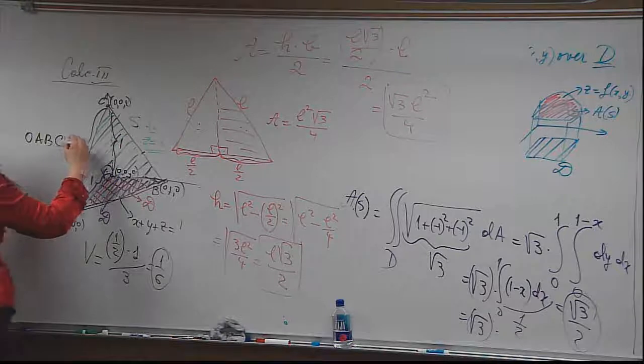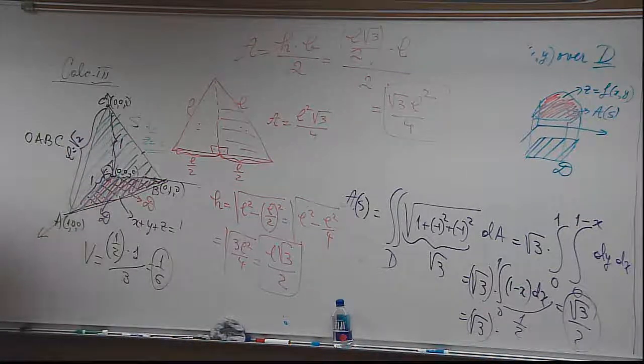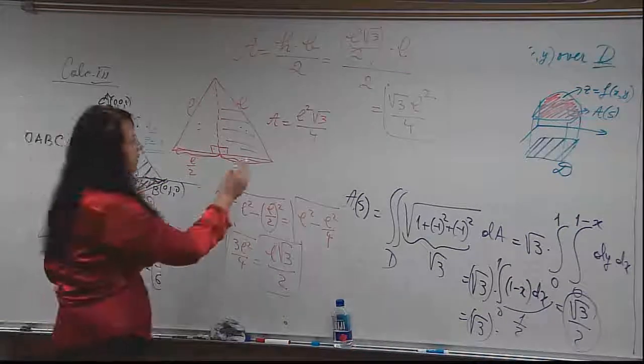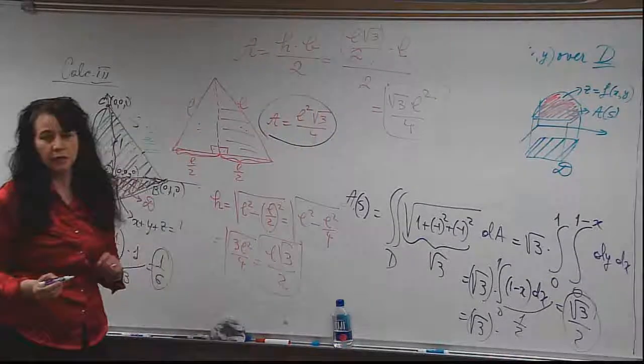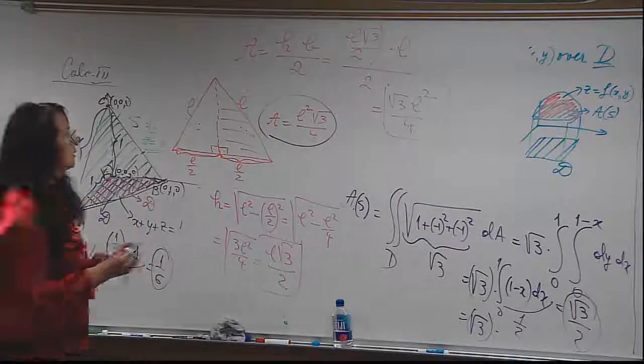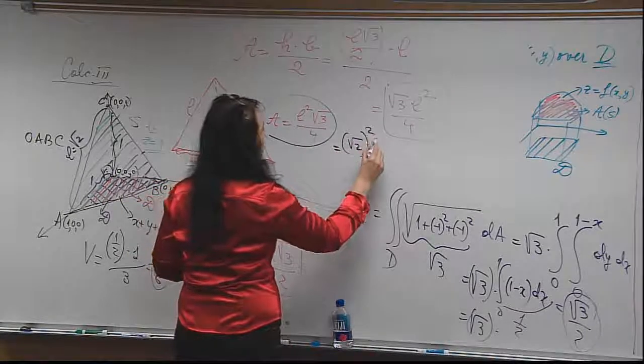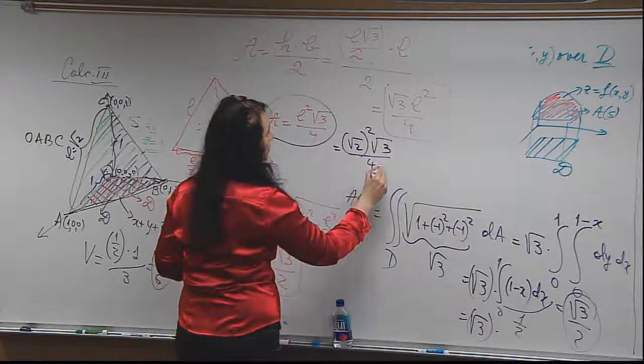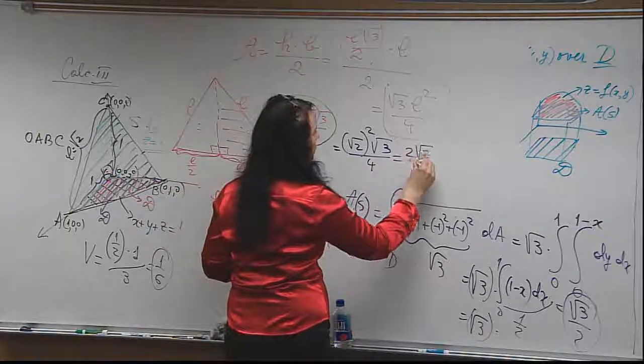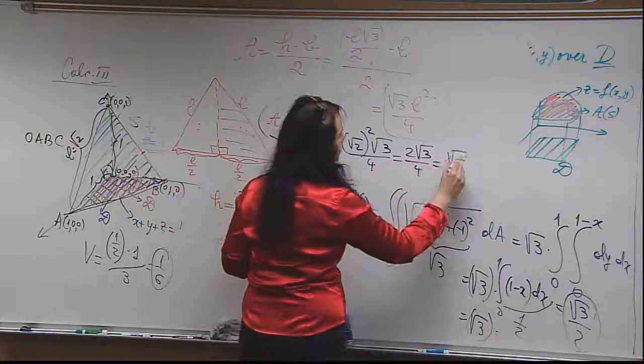So this is going to be the hypotenuse, square root of 2. So if I apply this formula, which is the area of the equilateral triangle, that says root 2 squared, root 3 over 4 equals 2 root 3 over 4 equals root 3 over 2.